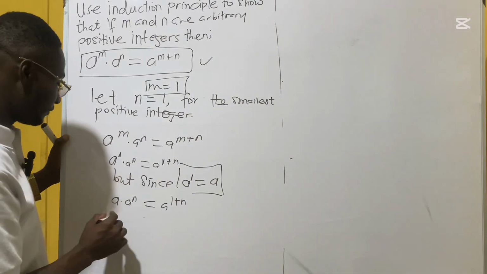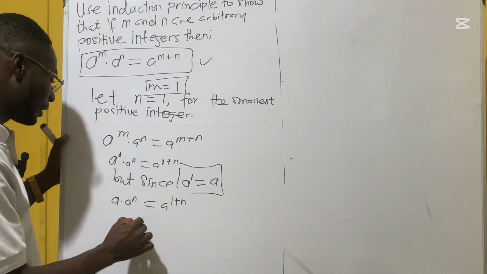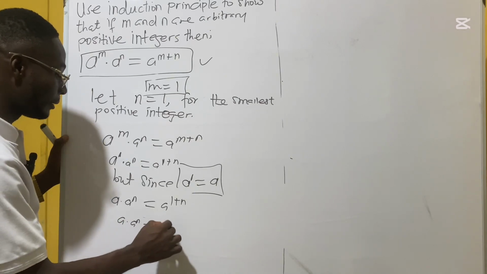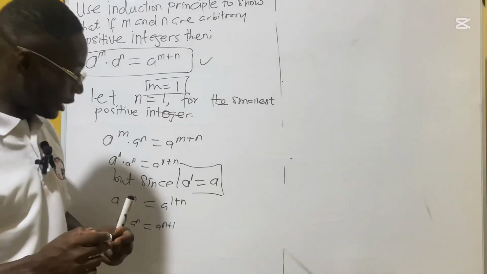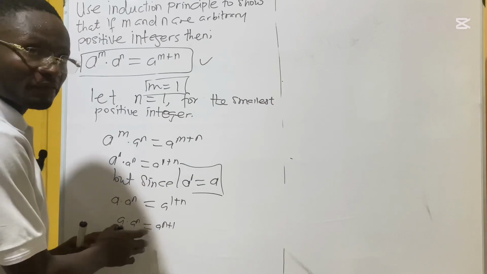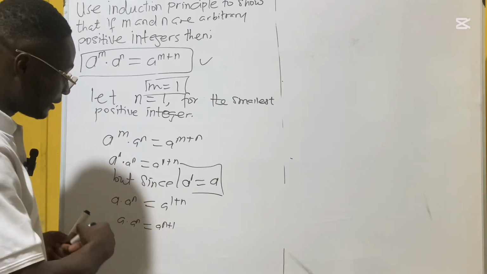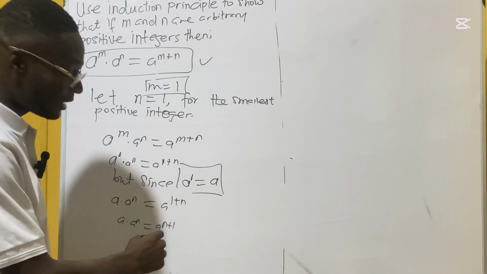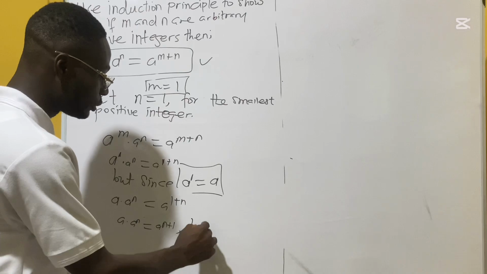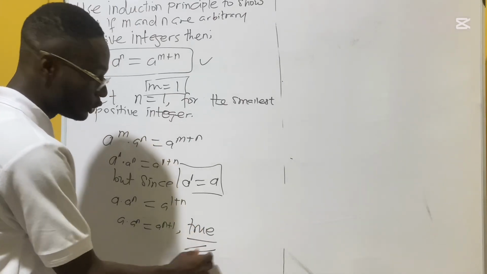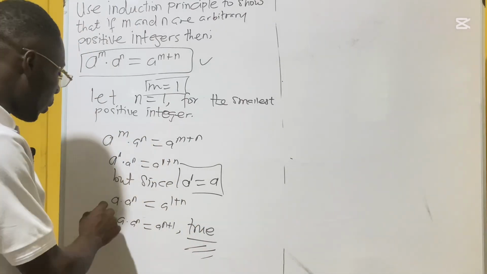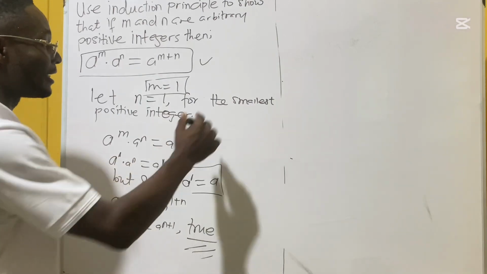So we're going to have a · a^n is equal to a^(n+1). Okay, so if this information is really valid, then this statement is true. Okay, so once this statement is true, that is the base case.